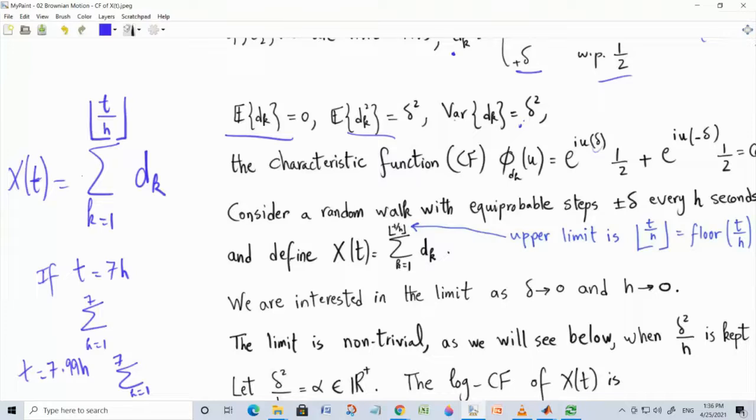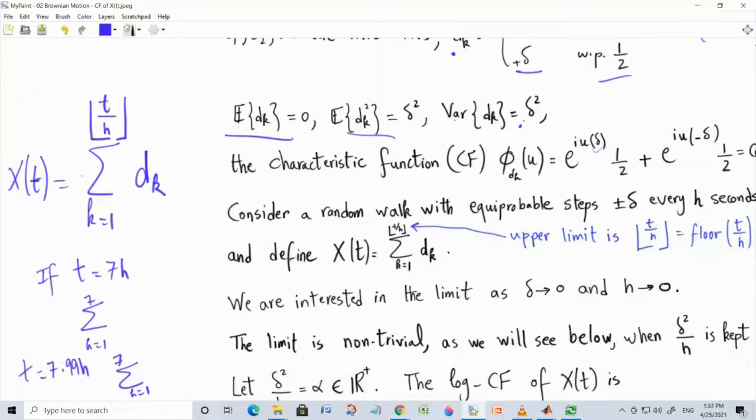So it is again a process in which x of t may change every h seconds. But if you just do this, the possible values of x of t will be delta multiplied by an integer.